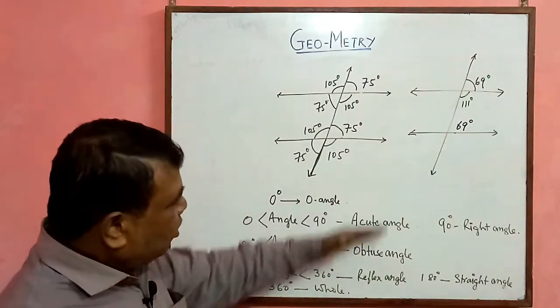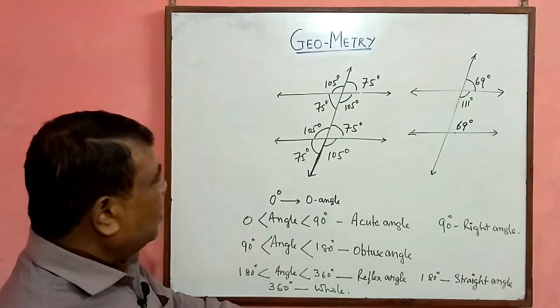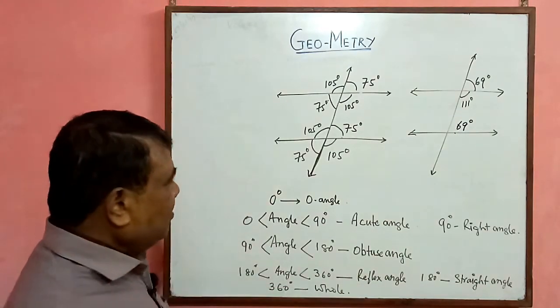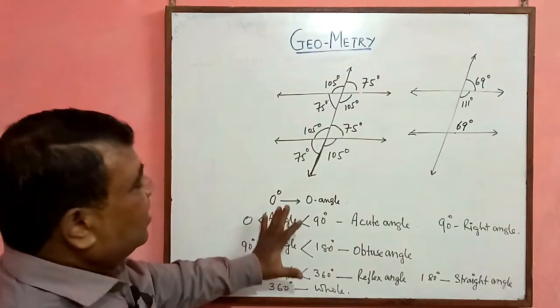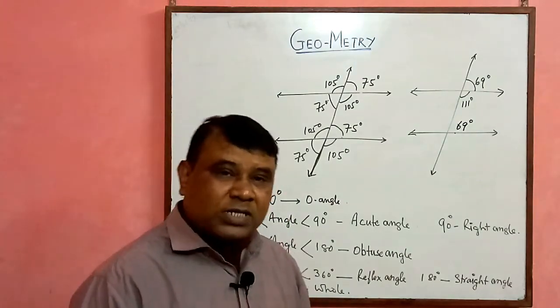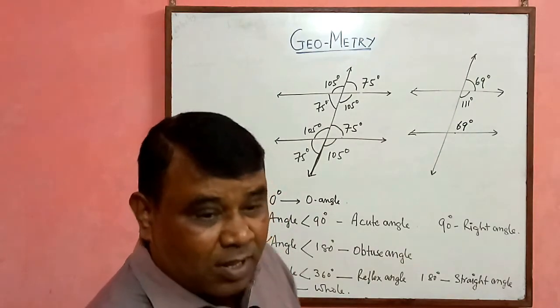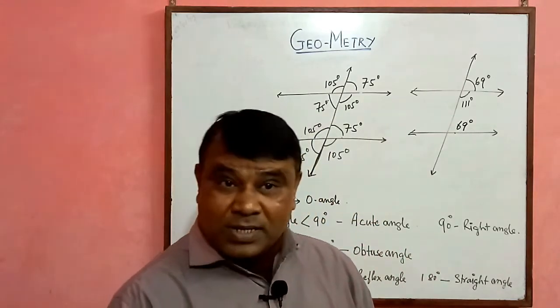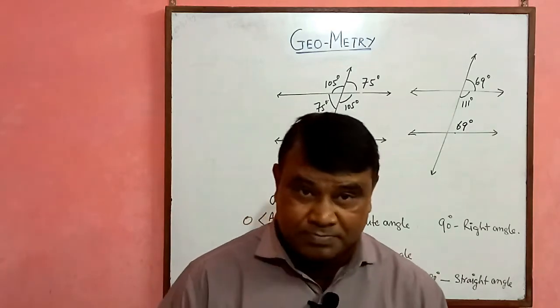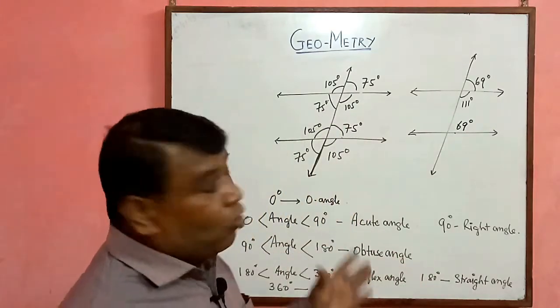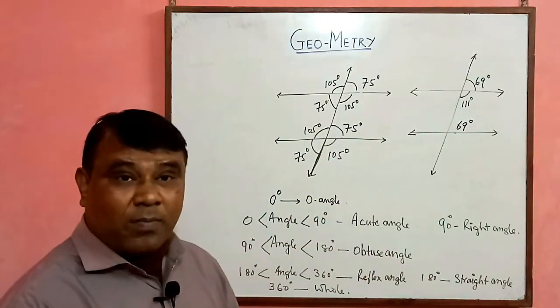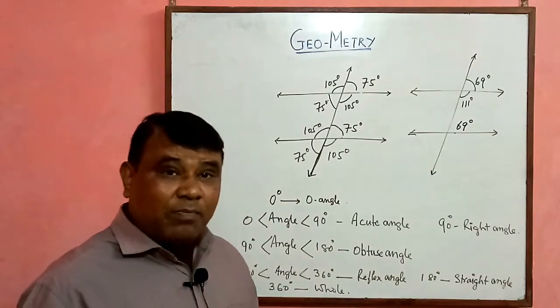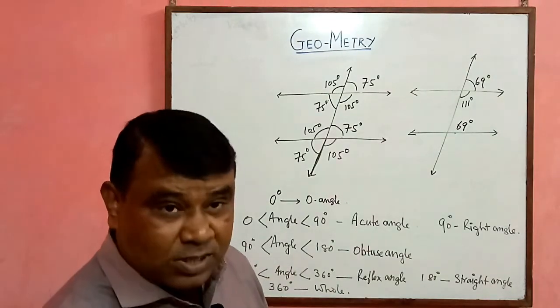We have some names also of angles from 0 to 360 degree, and we have to focus our attention on the parallel lines when a transversal is put on them. Then we have four properties, and those four properties will help us solve many problems in geometry.